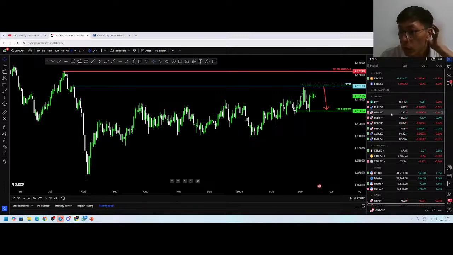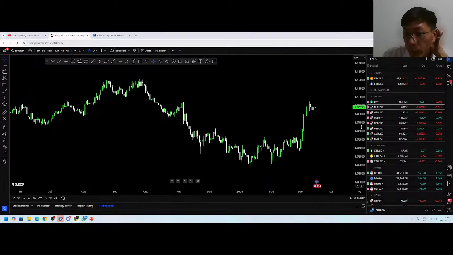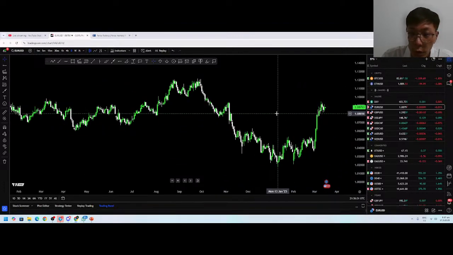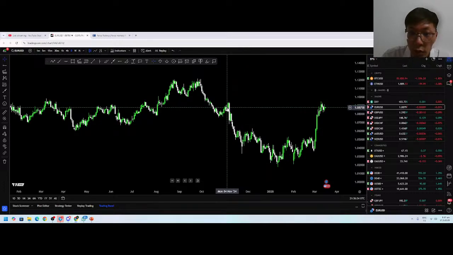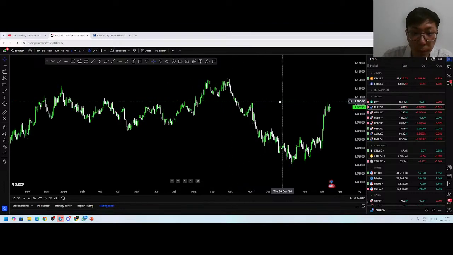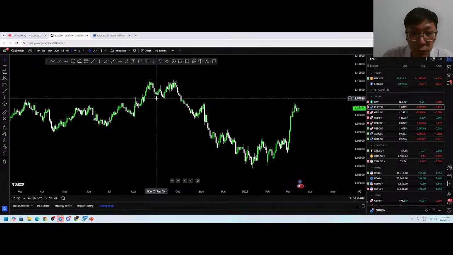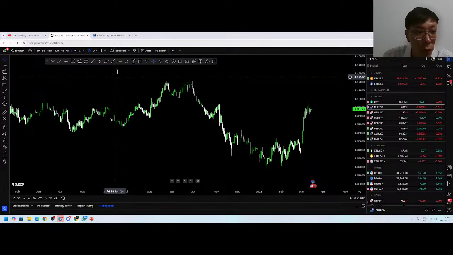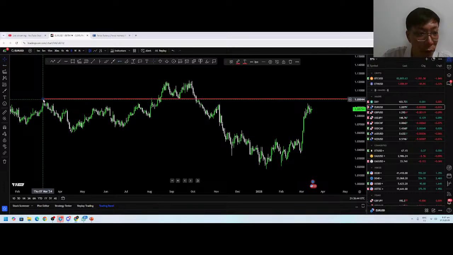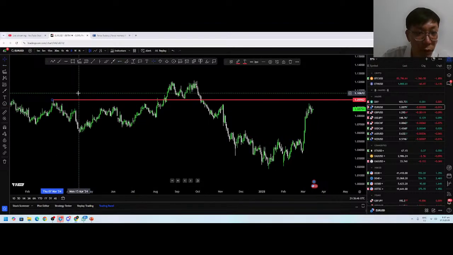Okay, so let's go through euro dollar. I think euro dollar is quite an interesting pair right now. Let's see. I think for me, this is a very solid level over here.